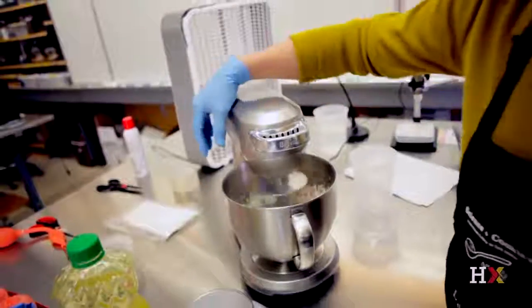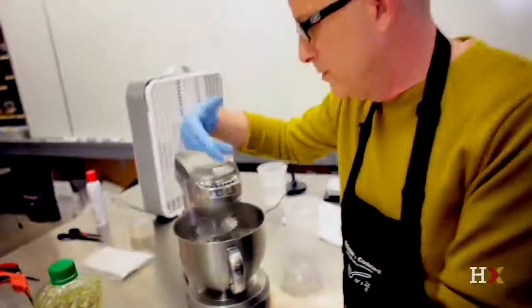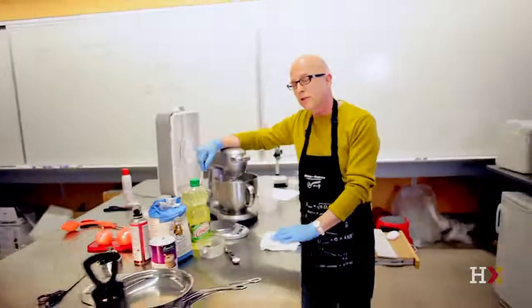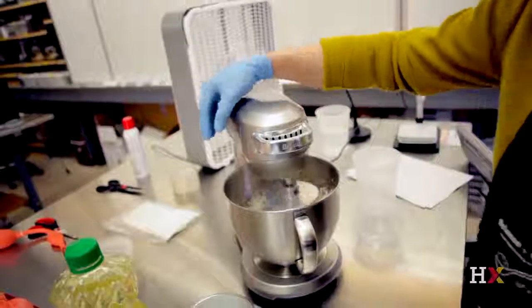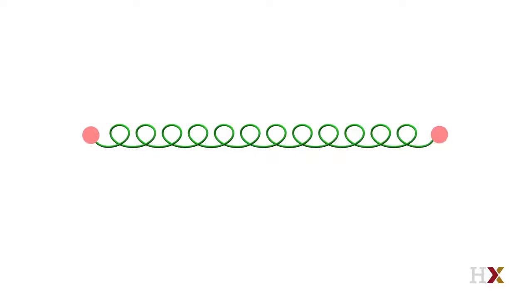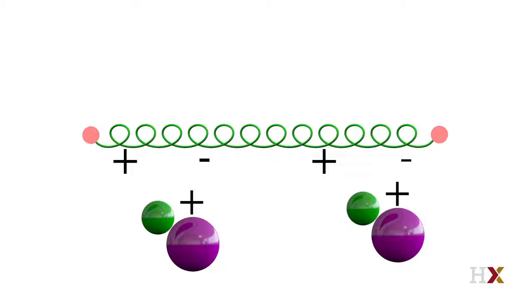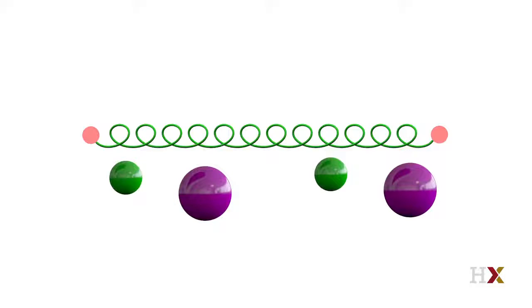And then something very interesting happens. It forms a ball, but when you add the salt, it becomes even more elastic. As I mentioned, there are a few of the amino acids along these molecules that are charged. And as you add salt, you know that salt is positive sodium ions and negative chloride ions. These charges are going to be attracted by the charged amino acids. So the positive sodium ion is going to go to a negatively charged amino acid, which means that the charged amino acids on the glutenin molecules are going to be neutralized.